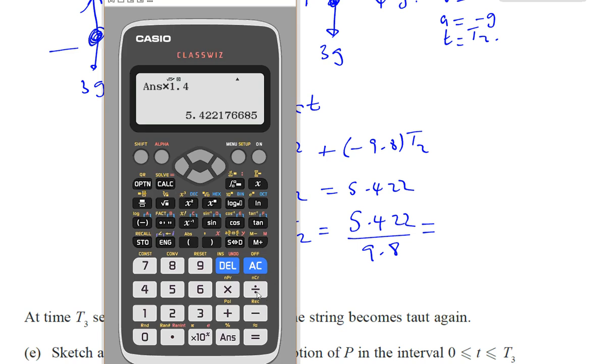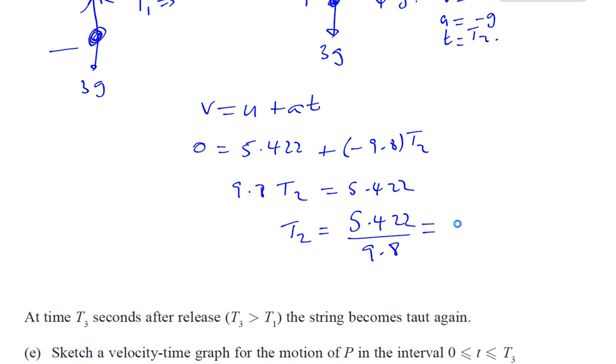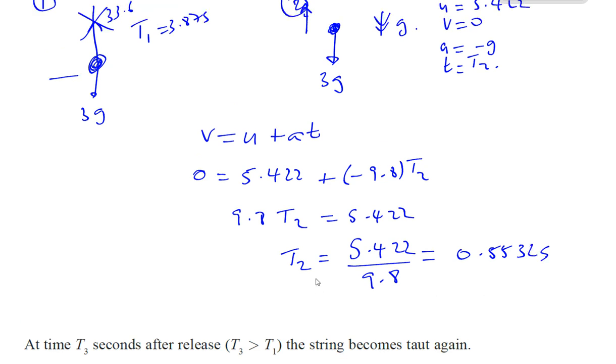So there's that divided by 9.8, which gives us 0.5532. Okay, so that's the time, the second time.